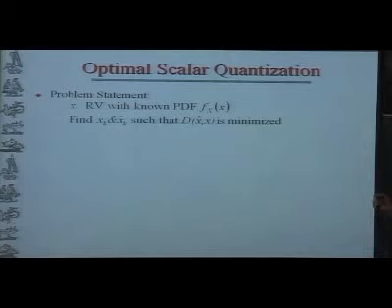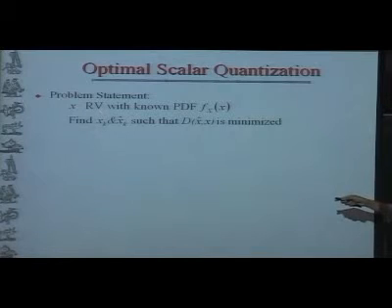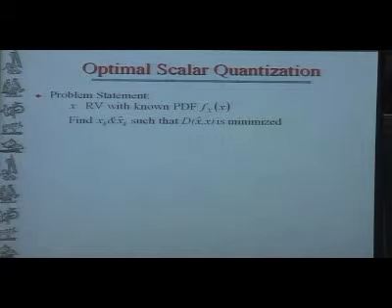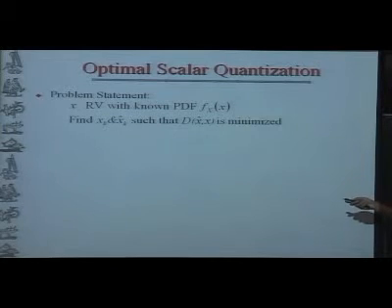So what is xk? xk is the decision boundary, and xk hat is the reconstruction, the red dots. So my job is to figure out all the boundaries and also all the reconstruction levels, such that the mean square distortion between x hat and x is minimized. So this is a pretty well posed problem.